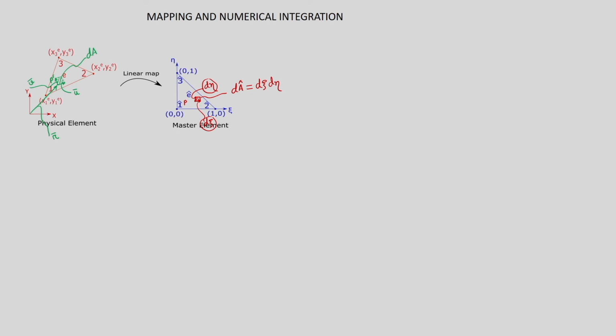Now, what is u bar? u bar is basically the change in the position vector r due to the change in xi, d xi. So, if I write r, r is basically the coordinate x, unit vector i, plus coordinate y, unit vector j.